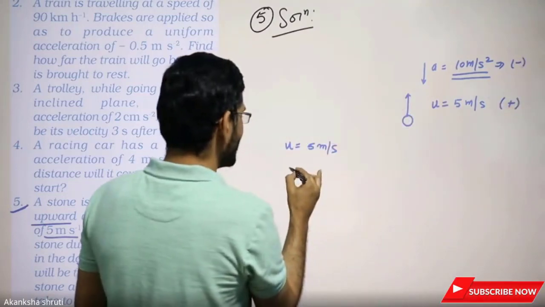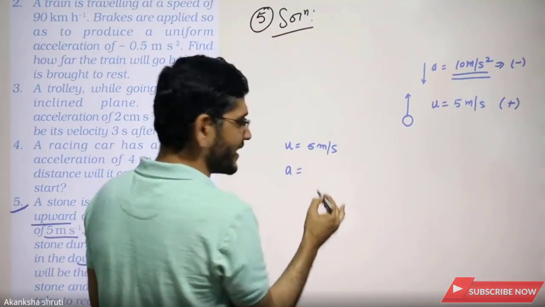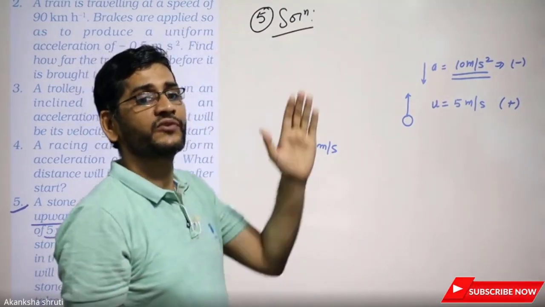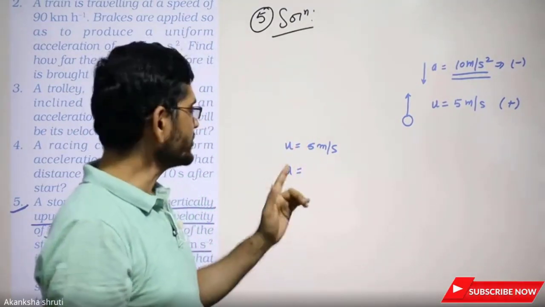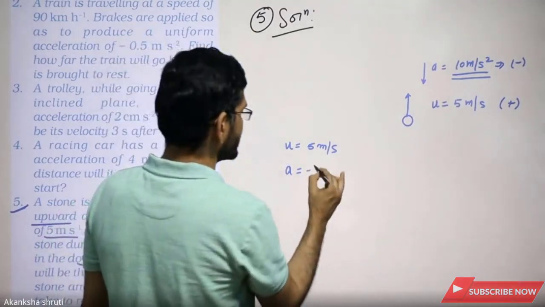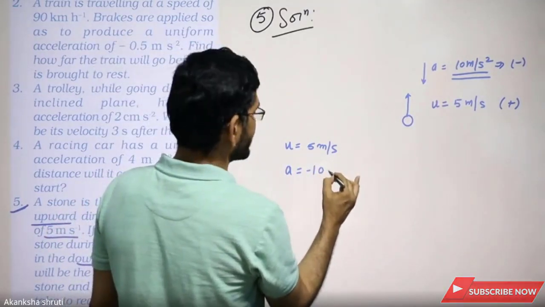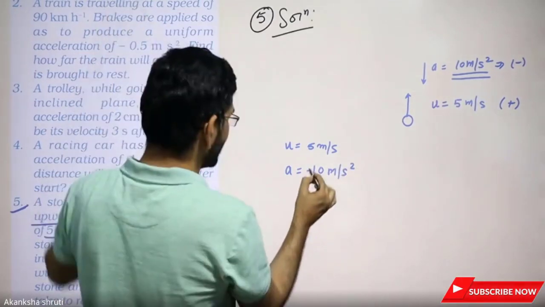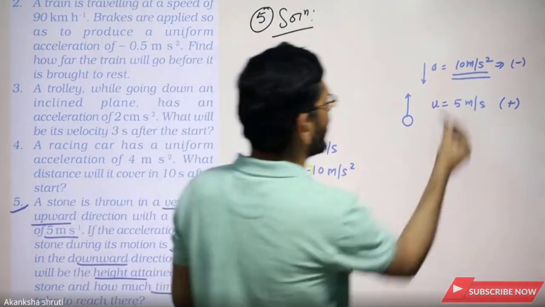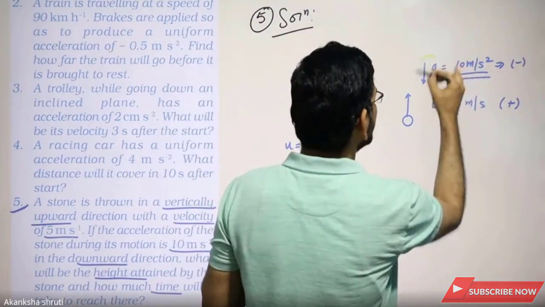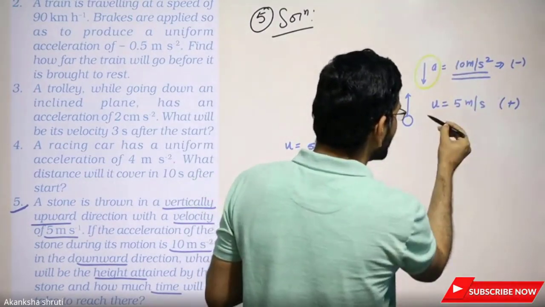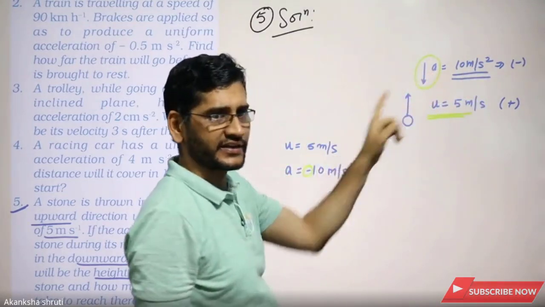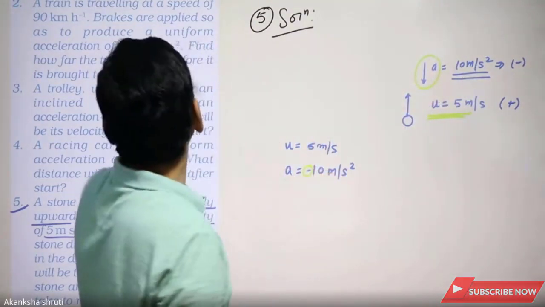Even if the value is not given and it is simply given that the body is moving vertically, you still need to take the negative value. So it is minus 10 meters per second square. Keep in mind, this minus sign is taken because this is in the downward direction, though our motion was in the upward direction, therefore a is taken negative.